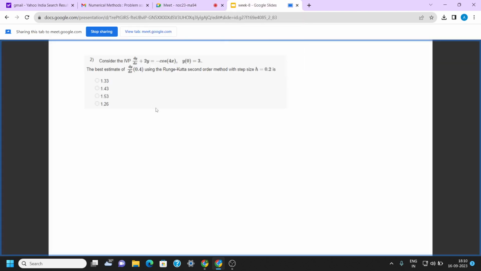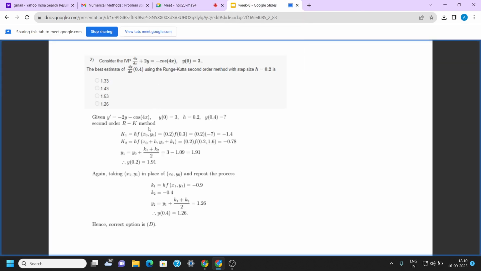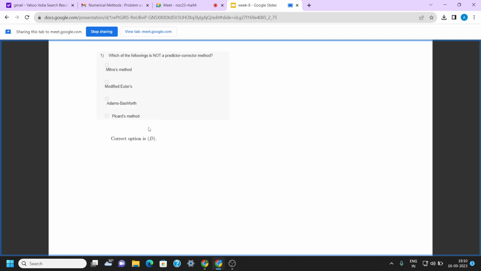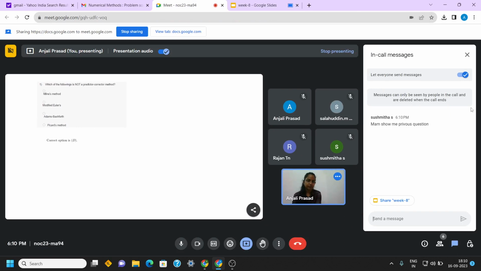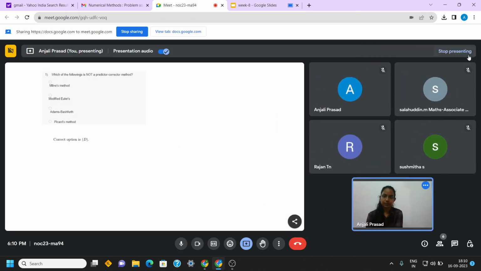Okay. So previous question was, which of the following is not a predictor corrector method? So correct option is D, Picard's method. Okay. Now what about the next question? Have you solved it?